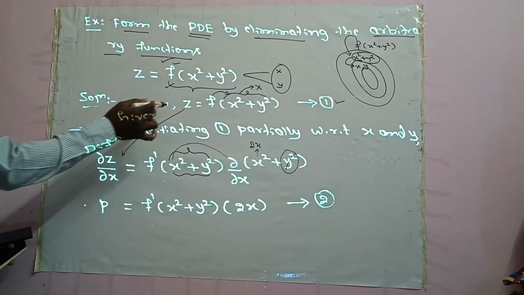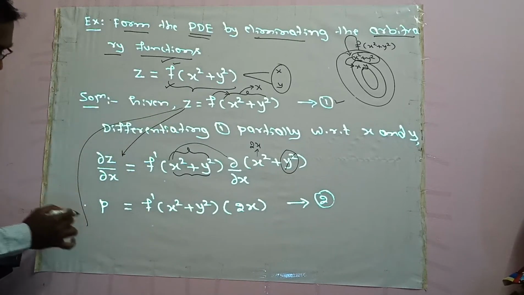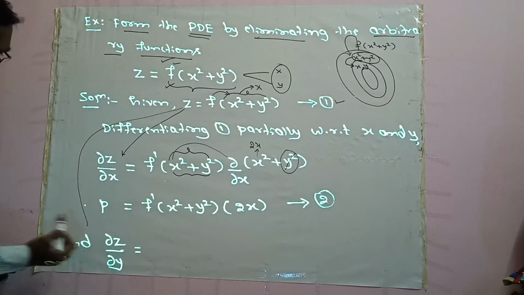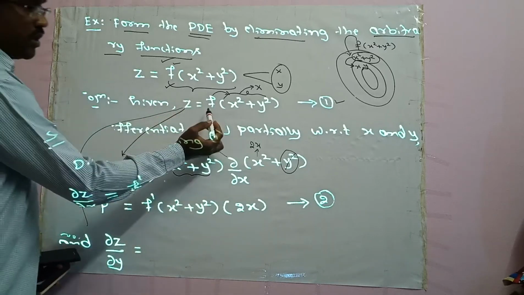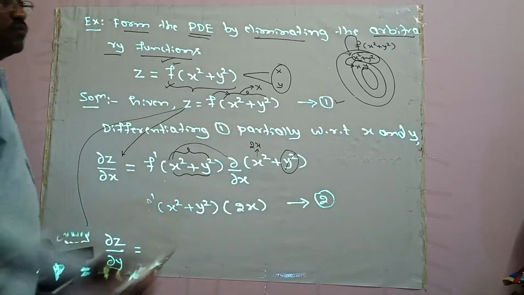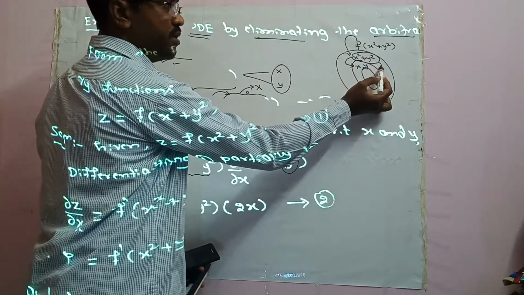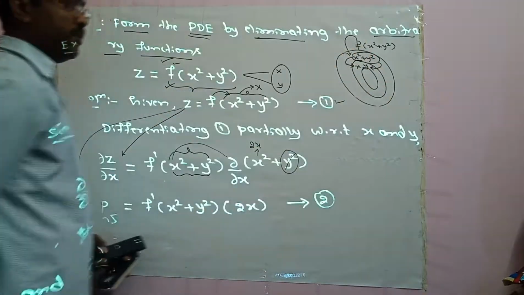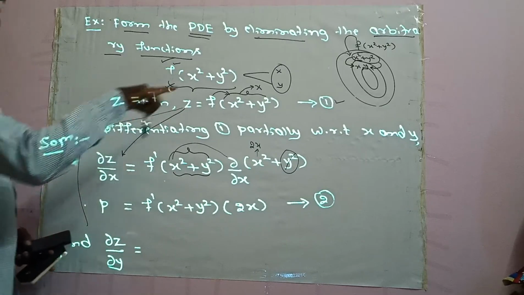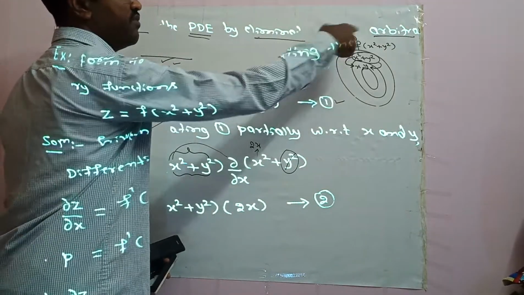Now let us differentiate this with respect to y. Dou z by dou y is equal to, again we apply the chain rule in the same way. f depends on x square plus y square and this depends on y. Differentiation of f is f dash.